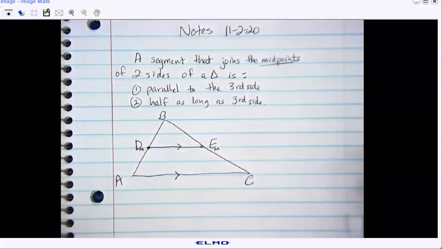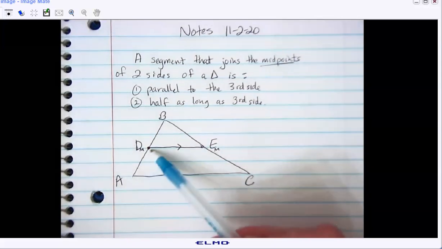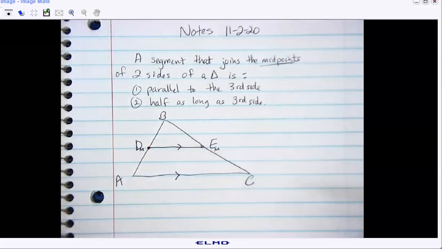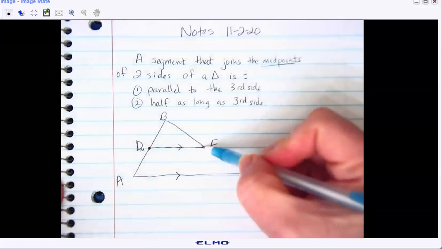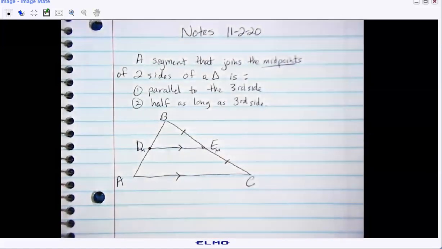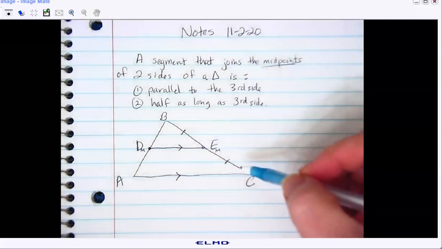Now, if you'll remember, or if you're just kind of getting into this, I need you to remember that parallel lines opens up a whole new world where we have same side interior, corresponding, angles like that. Okay, so what we know, because this is a midpoint, we know that this part and this part are equal on your sides, because the midpoint breaks it into two equal parts.